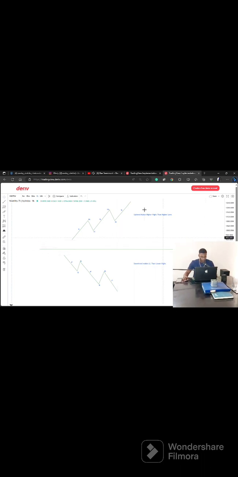Price will make a lower low and a lower high, and then price will go lower than the previous low. So the secret here is that price will go lower than the previous low in a downtrend, and in an uptrend, price will go higher than the previous higher high.